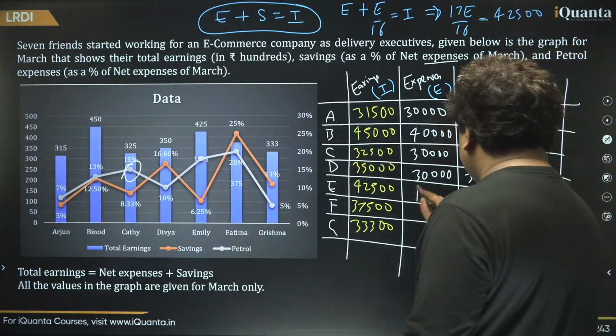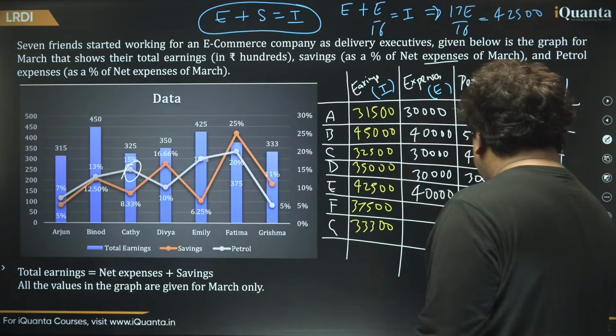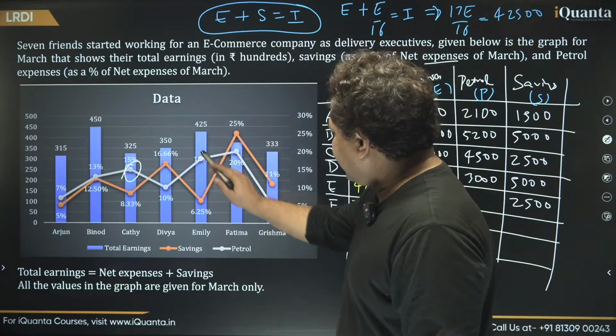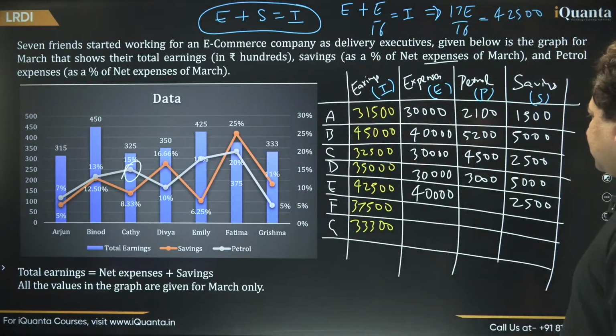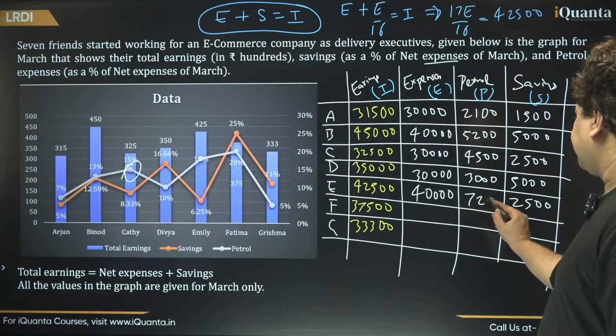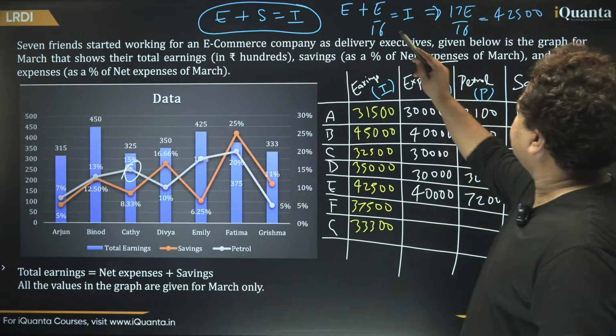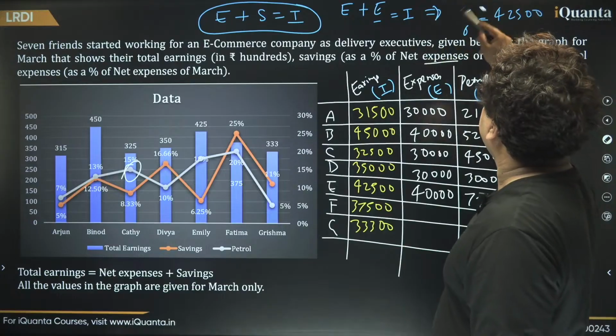We get 40,000 over here. Subtracting, I get 2,500. 18% of 40,000 is petrol. 18% is 7,200. Clear, all of you? Tell me quickly.